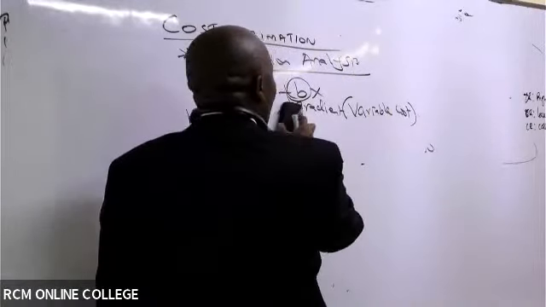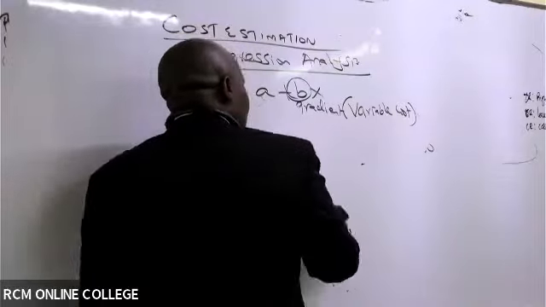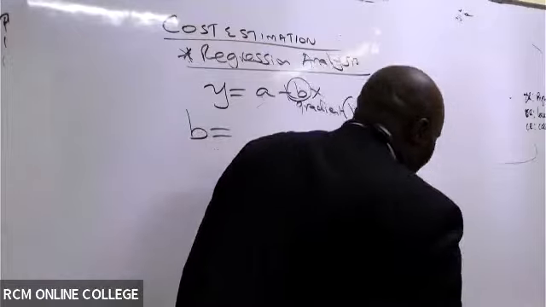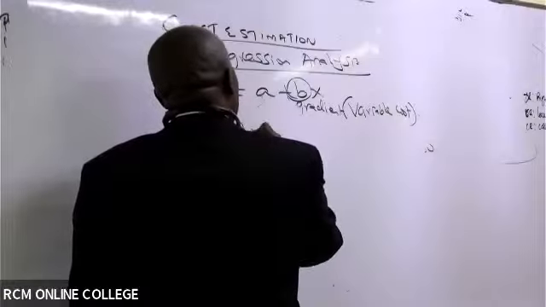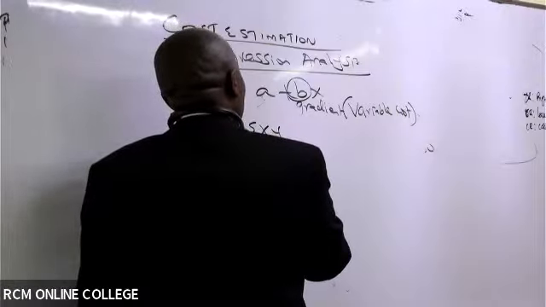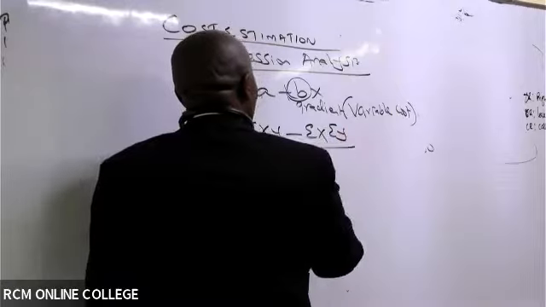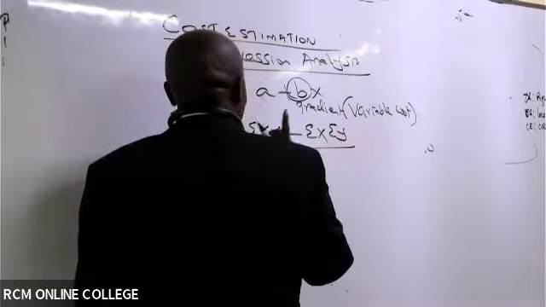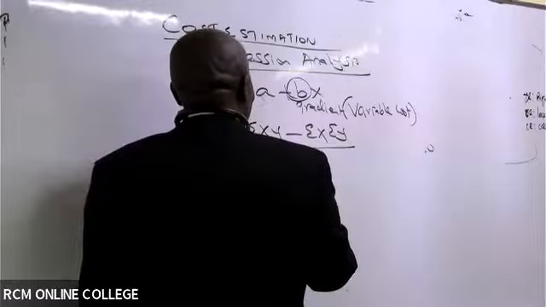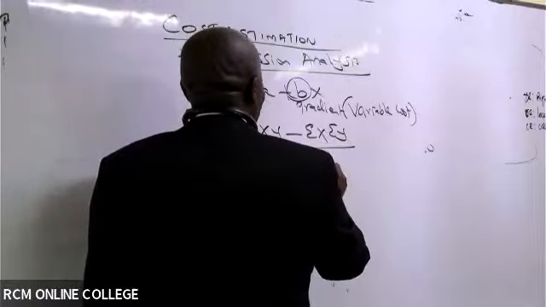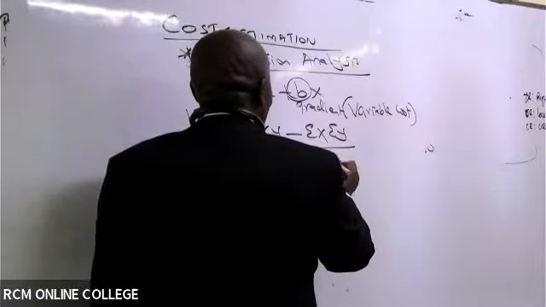You'll be given like 12 points. So to get the gradient using the regression approach, we normally say our B is N summation of XY minus over N minus bracket summation of X done what here.